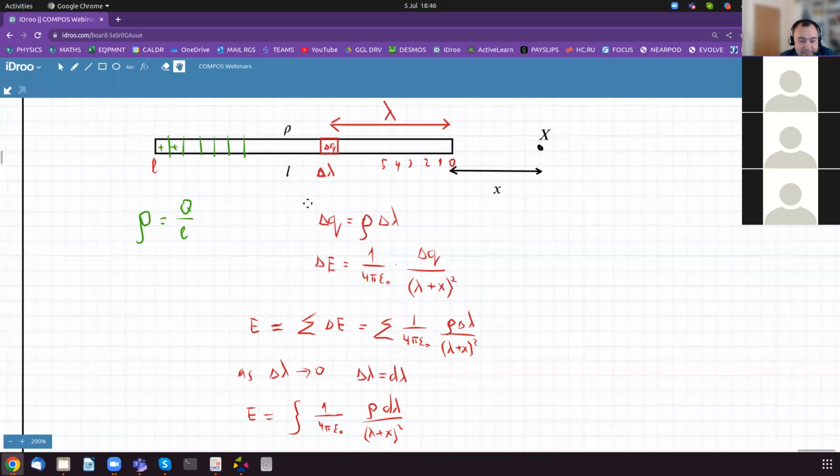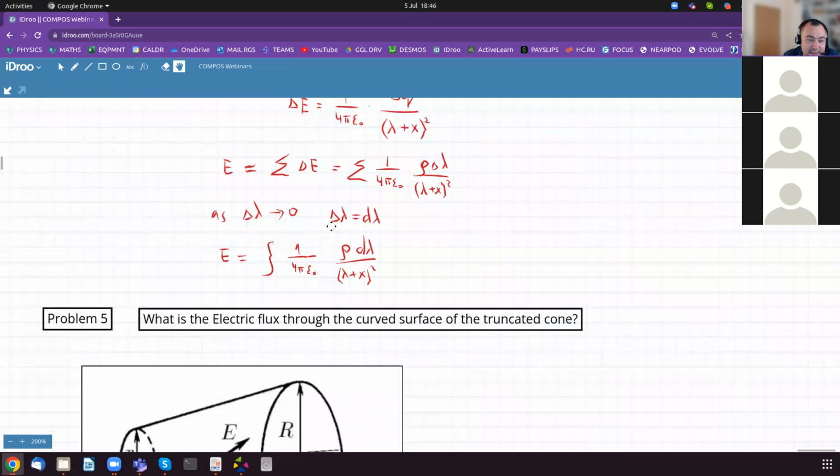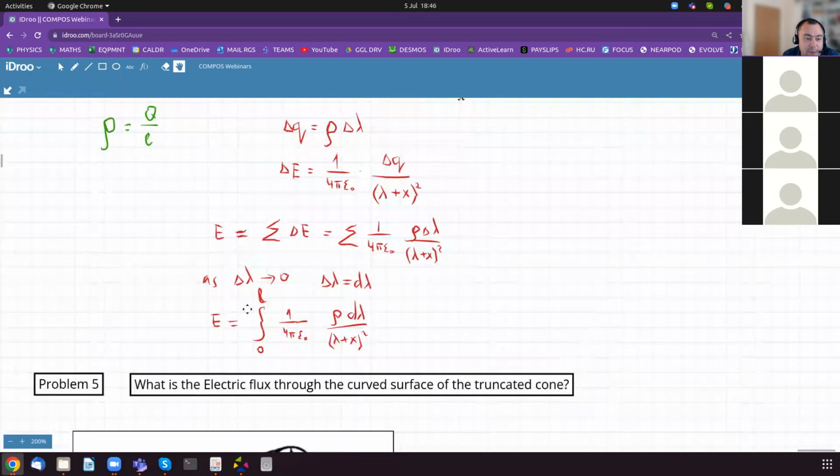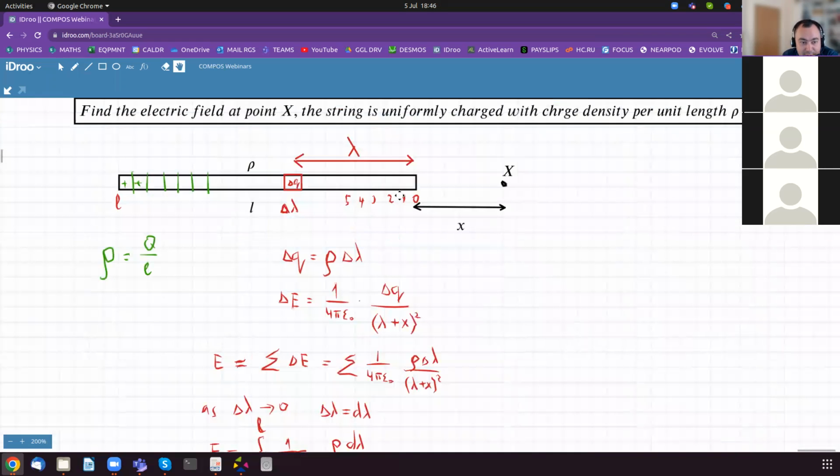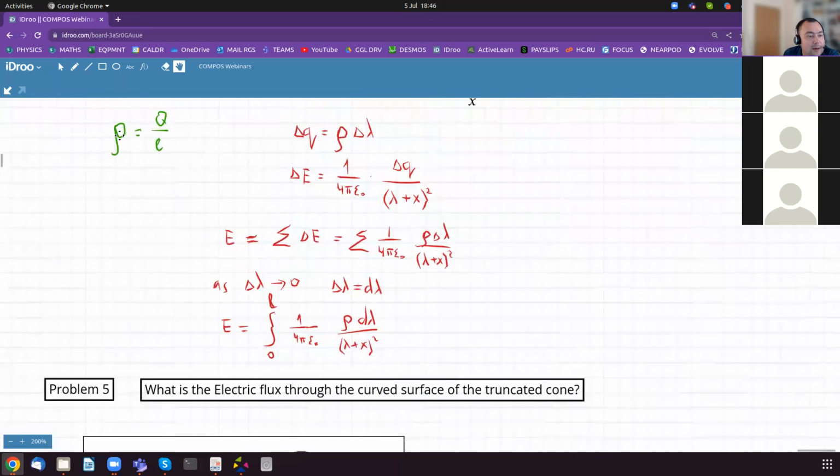Ooh, exciting. And of course, we know that lambda is the variable, and lambda changes from 0 to L. So we start from the right where lambda is 0, and we move all the way to the left where lambda is L. Therefore, I can write: 1 over 4 pi epsilon naught is a constant, so I can take it out.